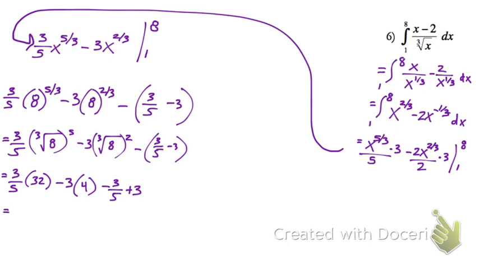All right, that's a lot of work for this problem. 32 times 3 is 96 fifths. 3 times 4, minus 12, minus 3/5 plus 3. 96 fifths minus 3/5 is 93 fifths. Negative 12 plus 3 is negative 9.